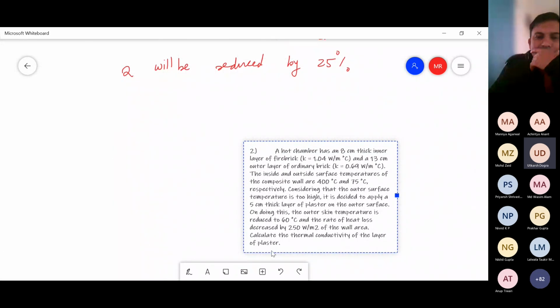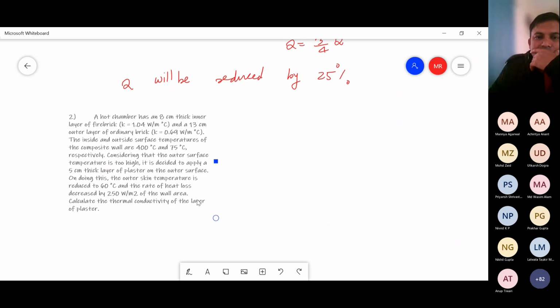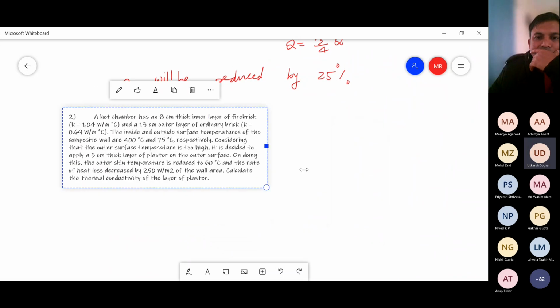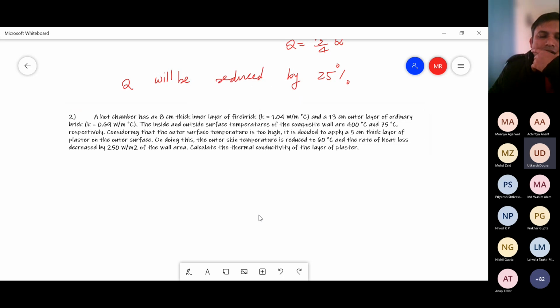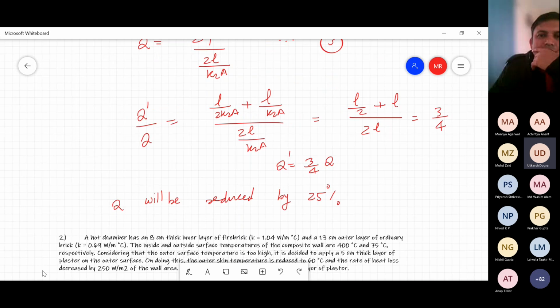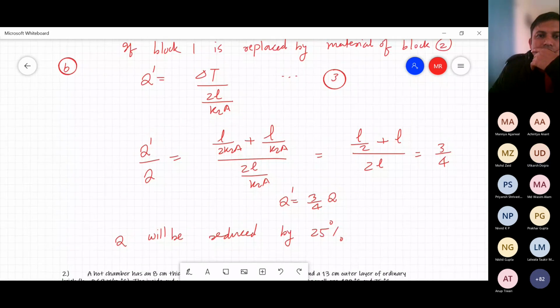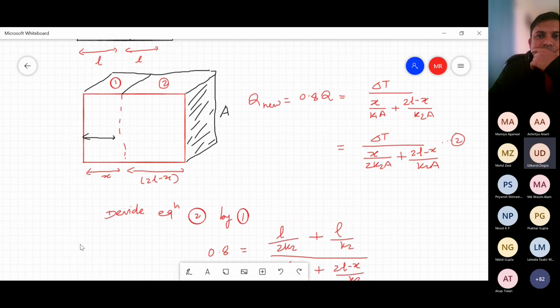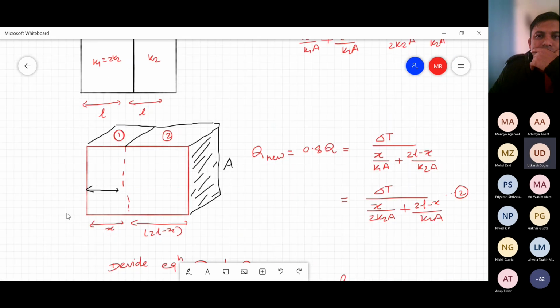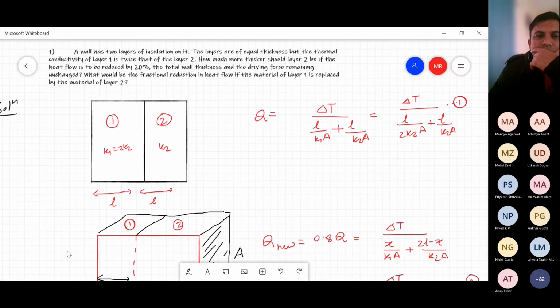Sir, can you scroll up the screen so that I can see the solution of the second B part? Sir, please scroll up. I will scroll up. From here? No, sir, from B part.